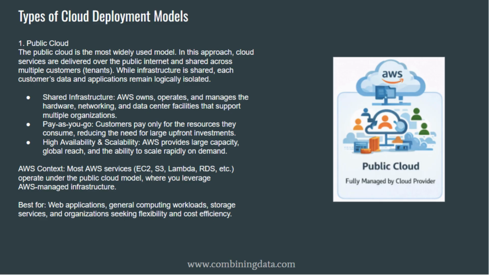When public cloud is the best choice. The public cloud is best suited for web and mobile applications, general-purpose computing workloads, storage and backup solutions, and startups and enterprises seeking flexibility and cost efficiency. It's especially attractive when organizations want to move fast, reduce operational overhead, and avoid managing physical infrastructure.